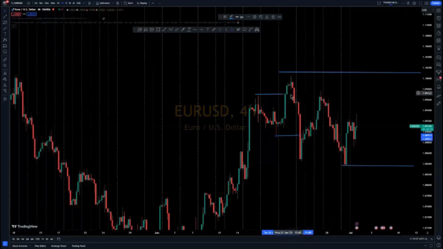The market came to cover up that fair value gap, giving a beautiful trade to the downside. I remember I took one of the trades somewhere here, taking it all the way down over here. That was a beautiful trade indeed. No, it was here, sorry, somewhere here. I took a sell over there to bring it down.